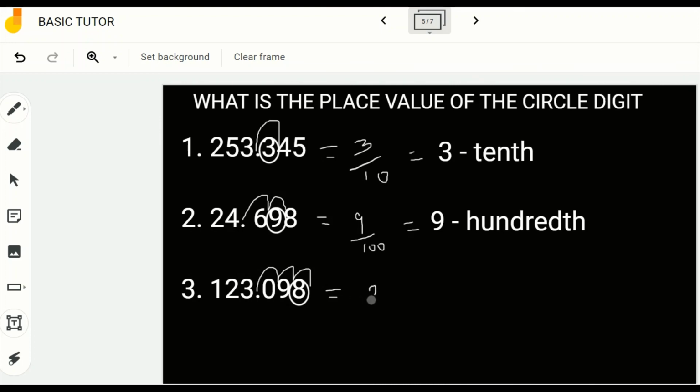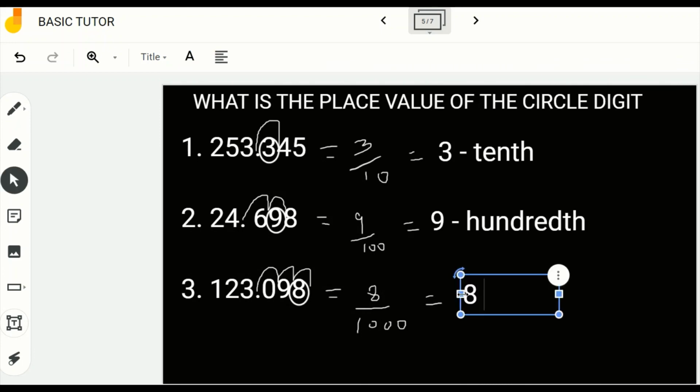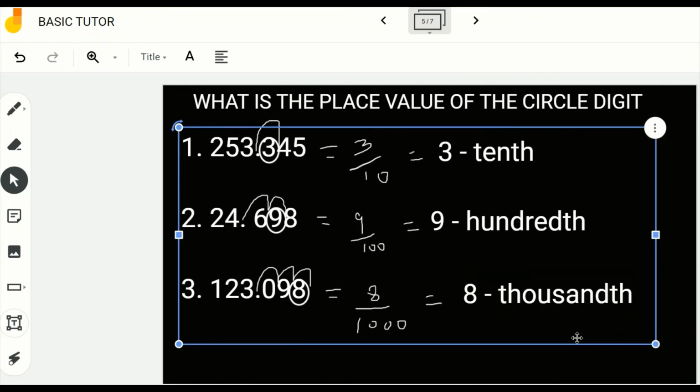That becomes 8 over 1,000. So I can write this in words. That will give us 8/1,000. So this is how we can find the place value of the fractional part of a decimal system.